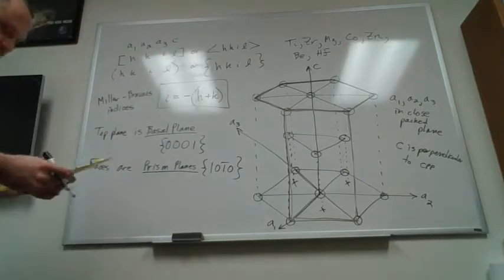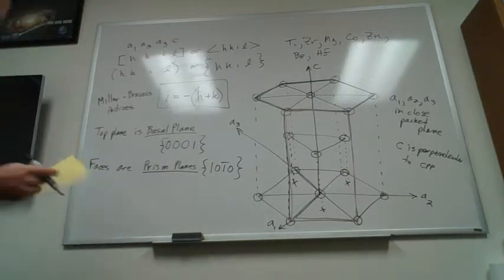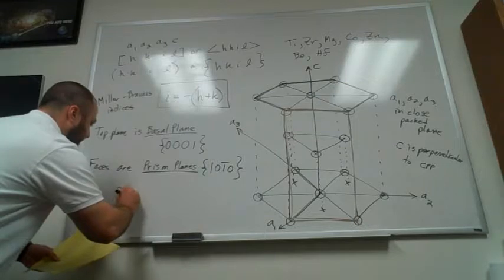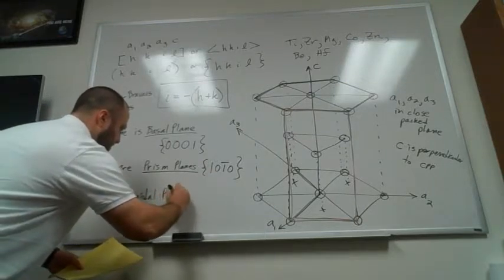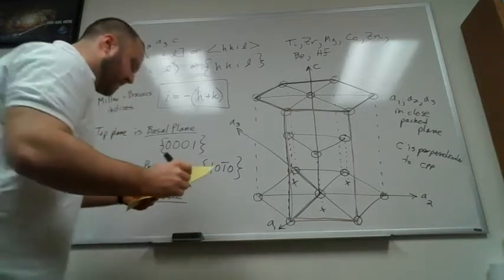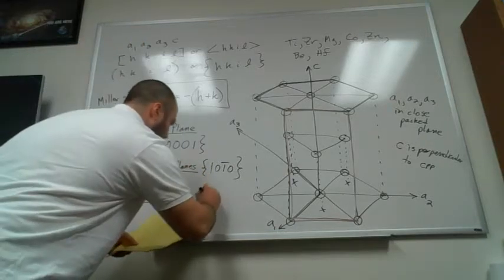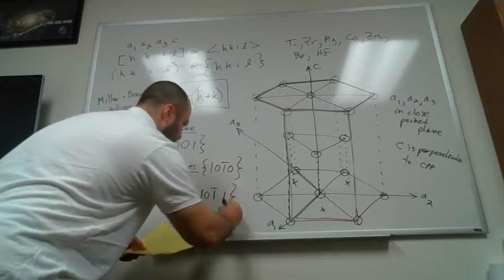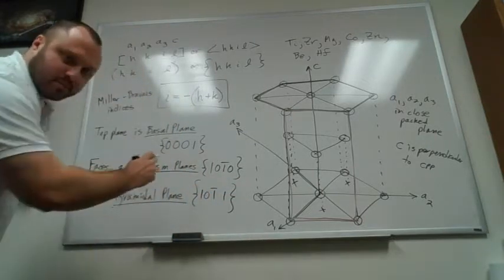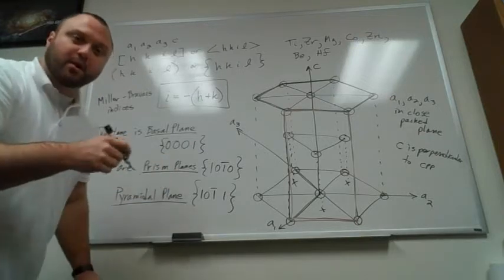Okay. We also want to describe what's called the pyramidal plane. And these have the index 1, 0, 1 bar, 1. So they're just like the prism planes, but they have some component in the z.